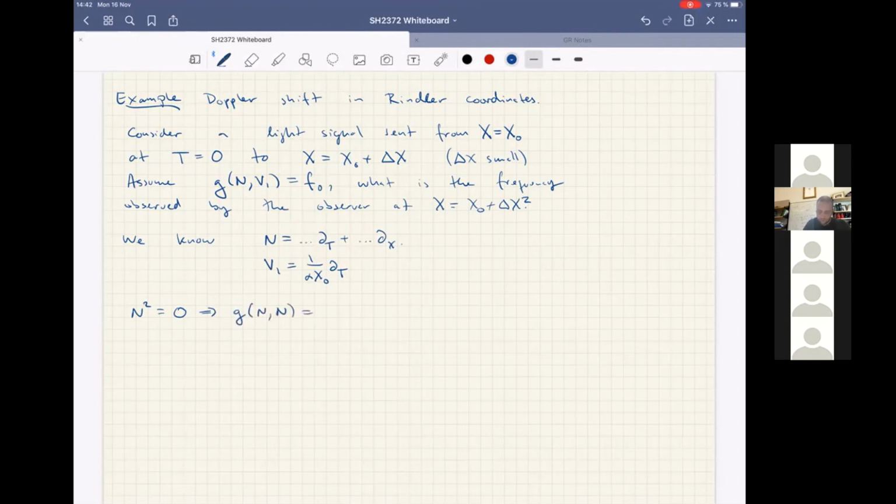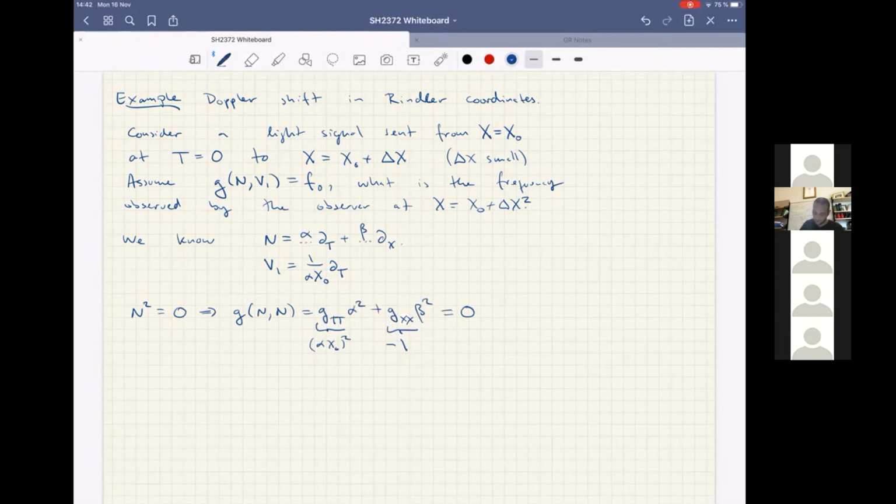If I call this alpha and this beta, this is g_tt alpha squared minus g_xx beta squared, and that should be 0. This g_tt I knew was alpha x0 squared. This g_xx is minus 1. So this is going to tell us something about the relationship between alpha and beta.